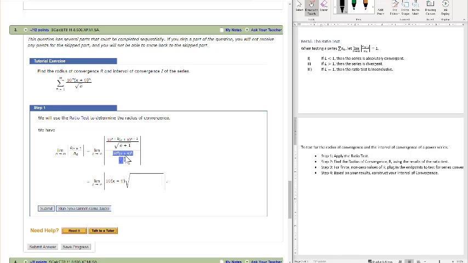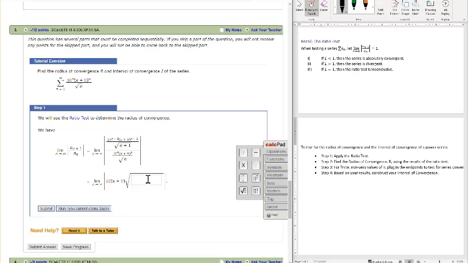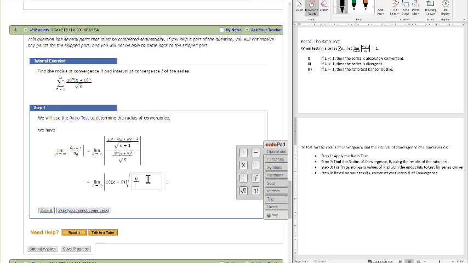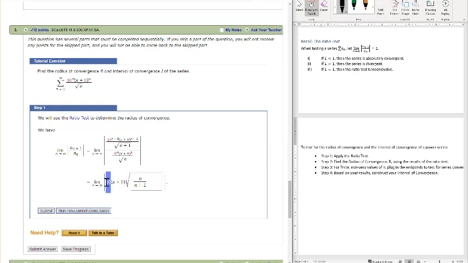By simplifying and putting together the square roots as you take the reciprocal, you will have an n in the numerator and an n plus 1 in the denominator of your square root. We have n plus 1 tens in the numerator and n tens in the denominator.